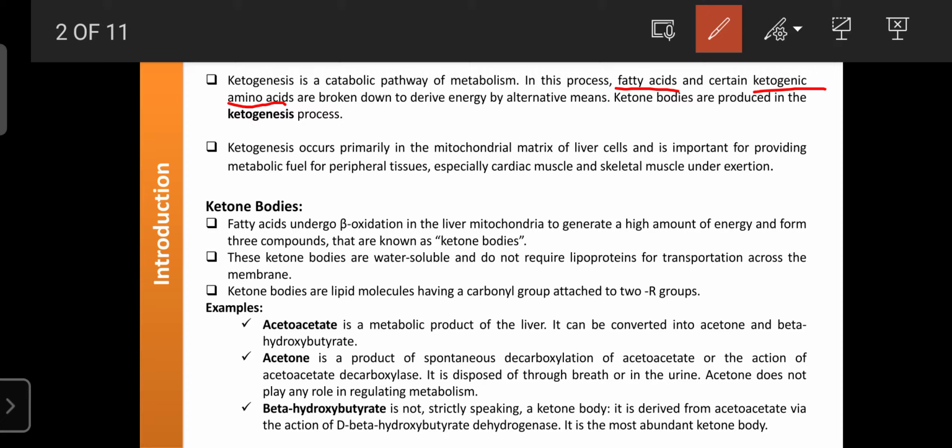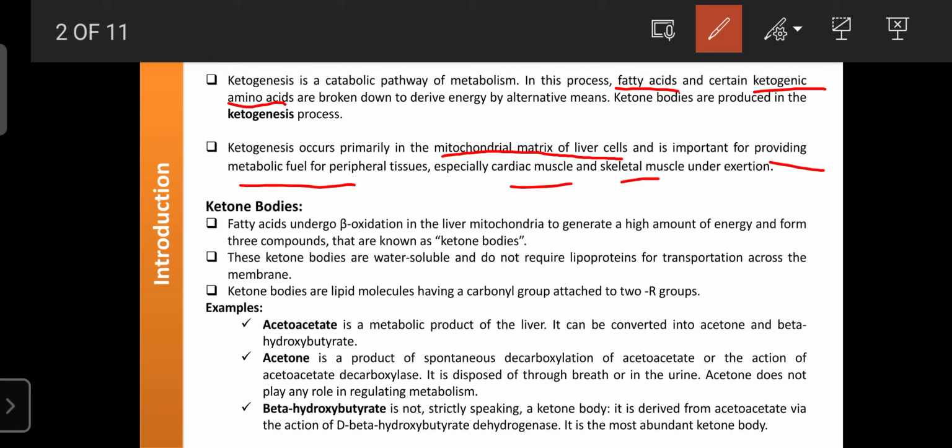Ketogenesis is one of the important processes. It mainly occurs in the mitochondrial matrix of the liver. It can provide fuel or energy for various tissues, especially cardiac muscle, skeletal muscle, and the brain.